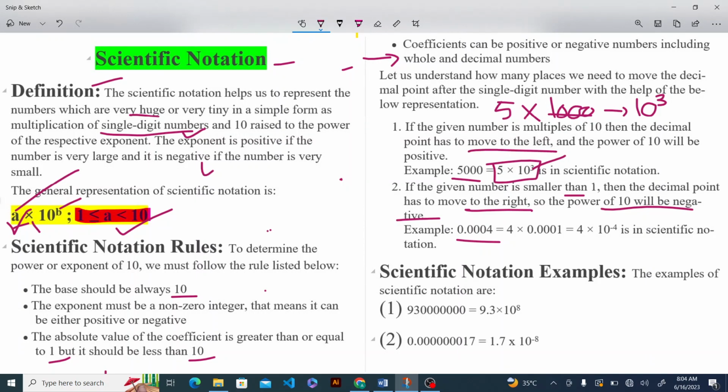But for the smallest or tiny numbers, the power of 10 will be negative and we move the decimal point to the right.